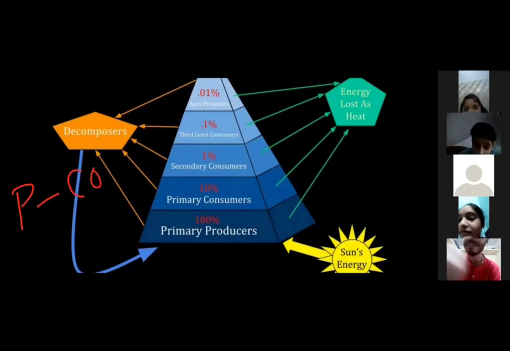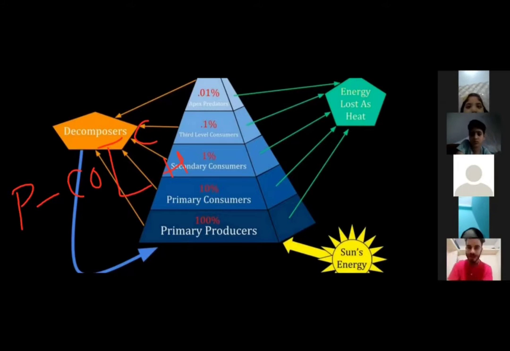We are directly talking about producers and consumers, skipping primary and secondary. Suppose we take the consumers in the form of two types, one herbivore and one carnivore. Let's take the example of carnivore.